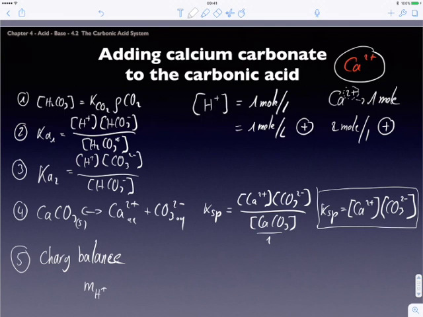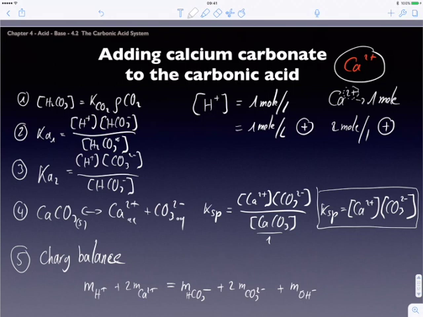So in this case, you have the moles of H+ plus 2 times the molar concentration of calcium equal, for the negative charge, the moles of HCO3-, the bicarbonate, plus twice the moles of CO3 2-, because it's a 2 negative charge ion, so you need to multiply by 2, plus the number of moles of OH-.